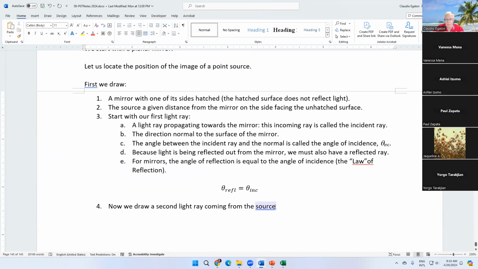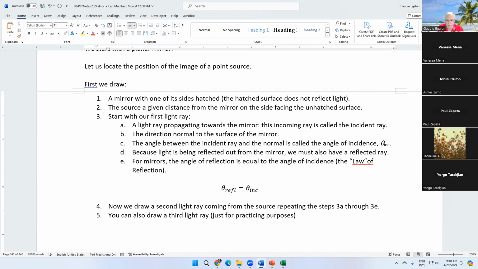Now draw a second light ray, repeating the steps 3A through 3E. You can also draw a third light ray just for practicing purposes, but it's not required.